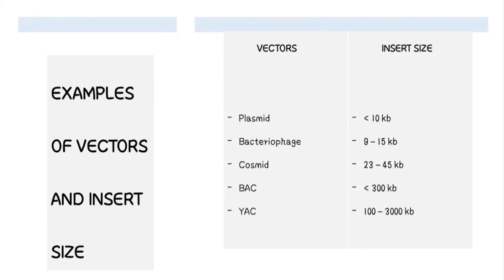Cosmid should have 23 to 45 kb. BAC, which is bacterial artificial chromosome, should have less than 300 kb, and YAC, which is yeast artificial chromosome, should have an insert size of 100 to 3000 kb. And one more is mammalian artificial chromosome, which can have a size larger than 3000 kb.